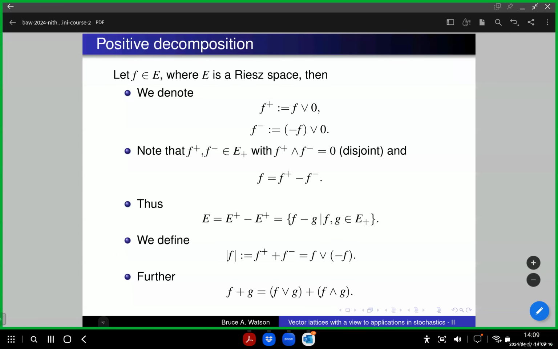So amongst other things, this gives us that the whole Riesz space can be expressed as E plus, the positive cone, minus E plus. So it is the set of differences of elements from your positive cone, and that generates your entire Riesz space again.